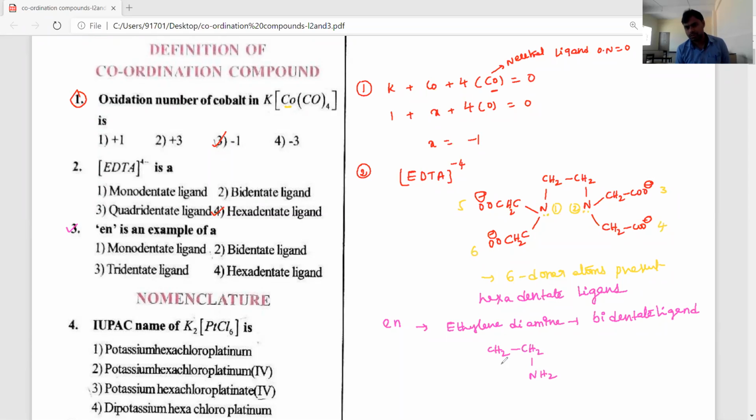NH2 bond NH2. Okay, students, so here 2 donor atoms are present. Two donor atoms present means it belongs to bidentate ligand. So the answer is the second option.